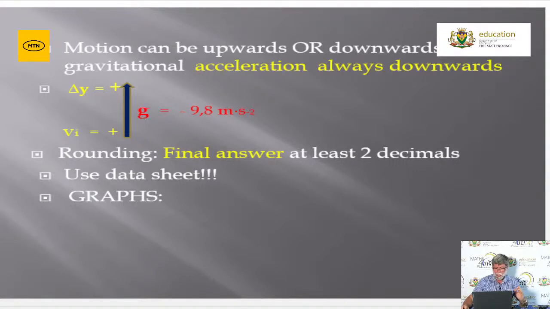So clearly now I've chosen upwards as positive. Then remember g will be negative 9.8, and then you will be sure you will get your marks. Just on rounding, remember at least 2 decimals. You can round off to more than 2, but the rounding off must be correct. So round off to 2 decimals at least, and then lastly again, use your data sheet.